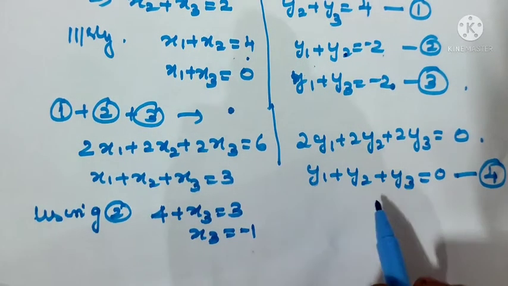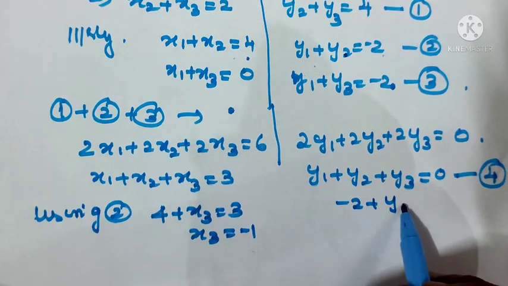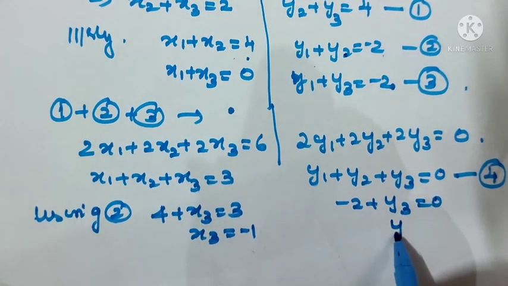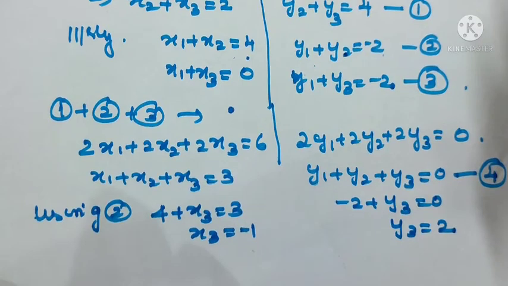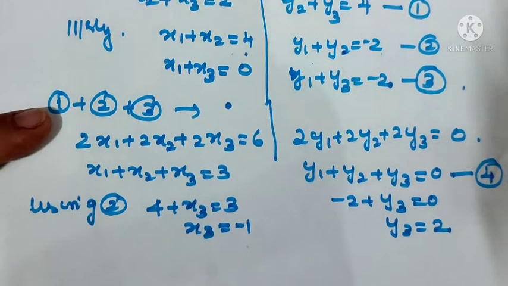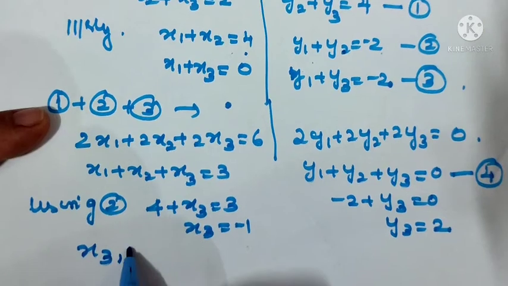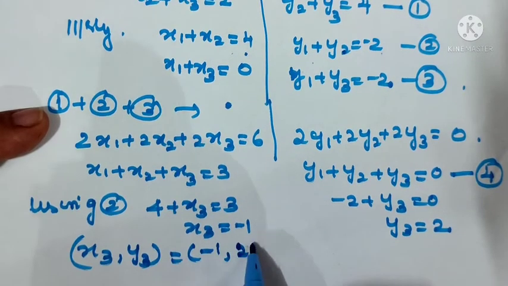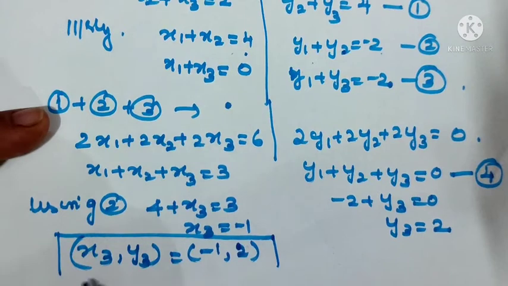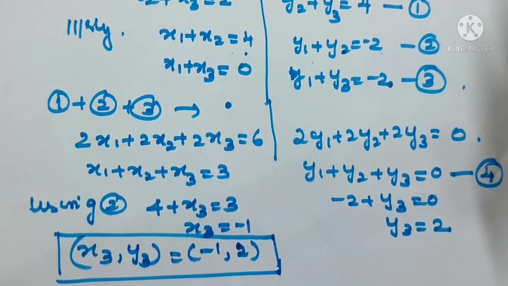Now y1 plus y2 is -2, so -2 plus y3 equal to 0, so y3 equal to 2. So we got x3 and y3: (x3, y3) equal to (-1, 2). So one of the coordinates of the triangle we got.